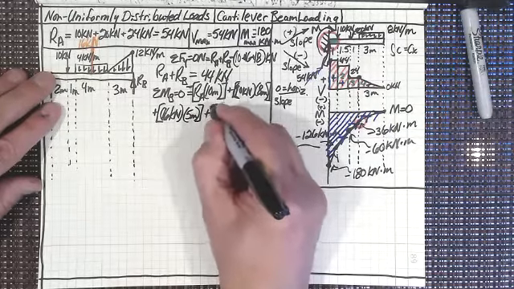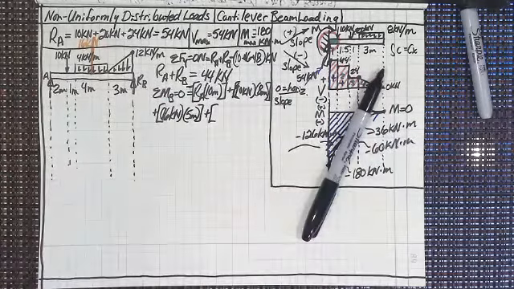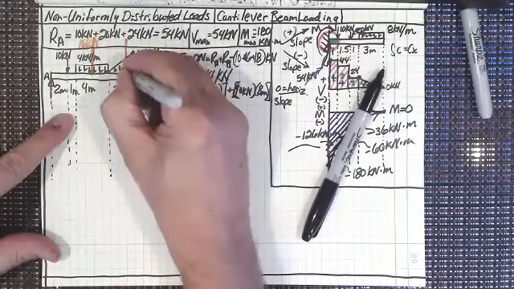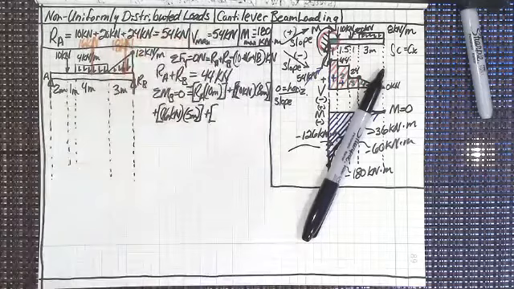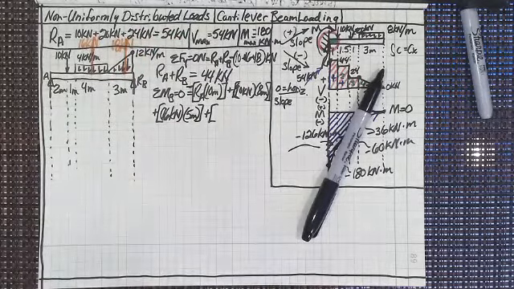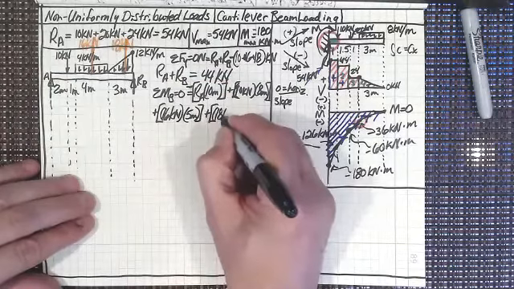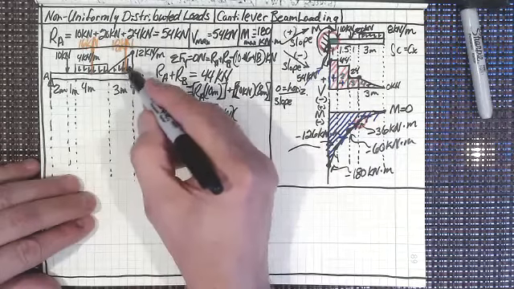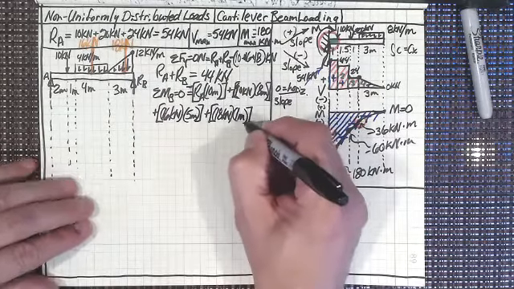And then plus, now we've got to look at the centroid of the triangle, don't we? So the centroid of the triangle is going to be right here. And we're going to put the full 18 kilonewtons right at that point, right? So I've got 18 kilonewtons times 1 meter. Does everyone see why it's 1 meter and not 1.5 or anything?